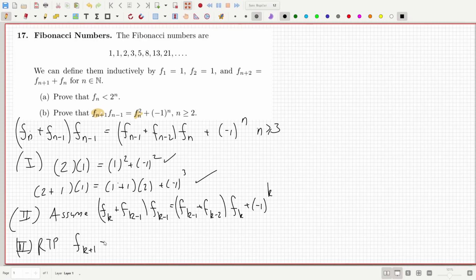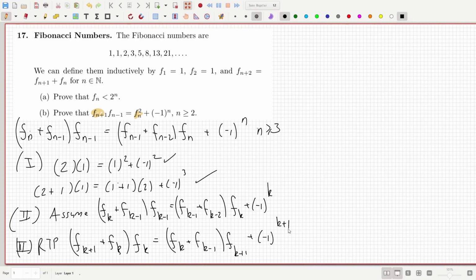Fk plus 1 plus Fk times Fk equals Fk plus Fk minus 1, Fk plus 1 plus minus 1 power k plus 1. Now, do I want to start here and try and work backwards? Or start at 2 and try to work frontwards?